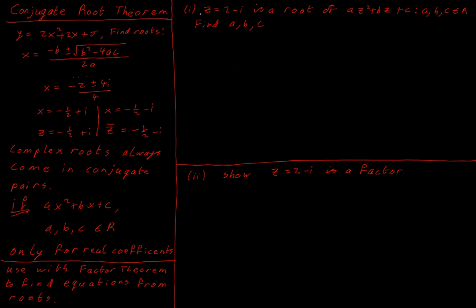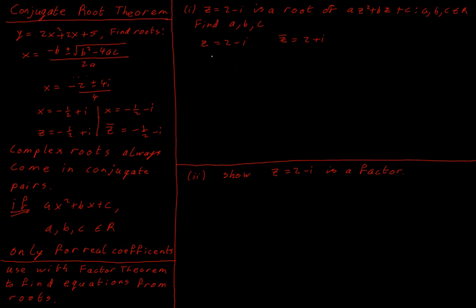So what does that mean? It means I know one of these roots. I know that z is equal to 2 minus i is a root, which means I automatically know that the conjugate, z bar, is also a root. So now I have my two roots. Now I'm going to use my factor theorem and say if I know that I have a root, I can rearrange it, get it equal to 0, and then that will be a factor.